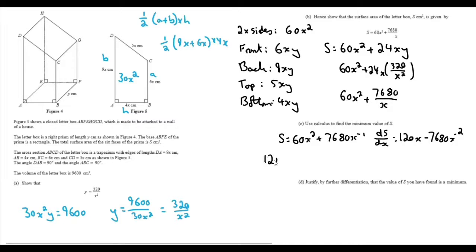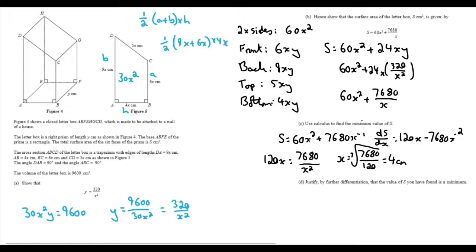So we could say that 120x equals 7,680 over x squared. So if we were to times up by the x squared here, you'd get x cubed, and then we'll divide by the 120. So 7,680 divided by 120, and then to get the x on its own, you would be cube rooting that. Because these are both real numbers, you can just put into your calculator. Doing so gets you that x is just going to be 4.